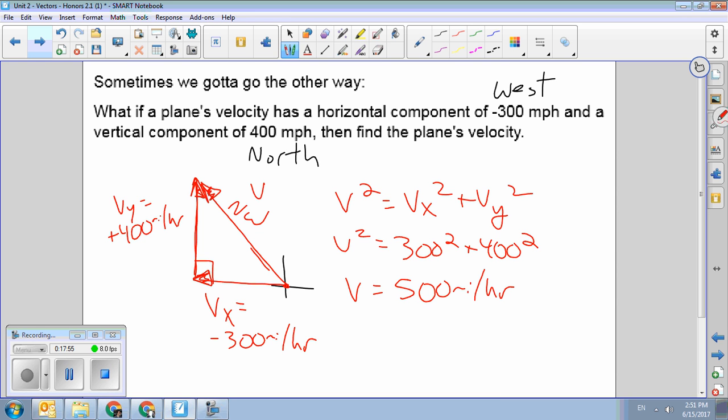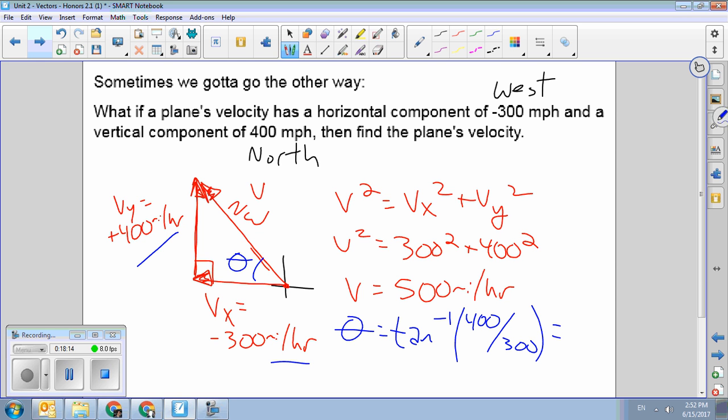Now we need to describe the direction. So I need to use a little bit of trig and find this angle here, theta. Theta is going to be the inverse tangent of opposite over adjacent, 400 over 300. You don't need to worry about your negatives there because you need an angle between 0 and 90.